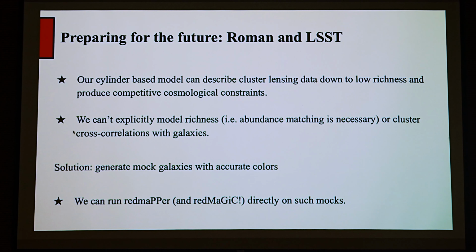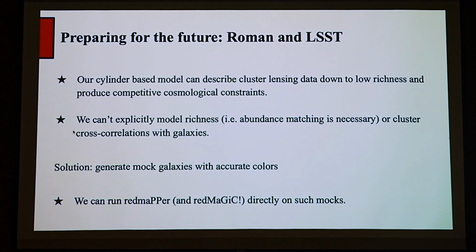But in the future, we want to improve our modeling, specifically to include cross-correlation with galaxies and clustering of the clusters. Right now, what we are able to do does not include the cross-correlation with galaxies because our HOD mock galaxy catalogs are not very well motivated, and we don't know how to actually deal with the correlation coefficient between the red sequence galaxies we would want to compute the clustering of and the clusters themselves.